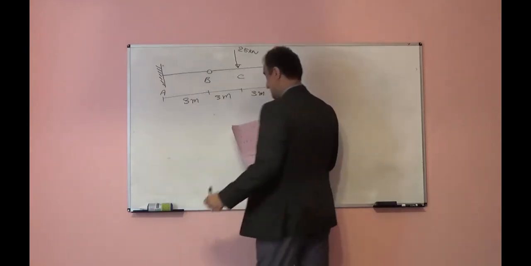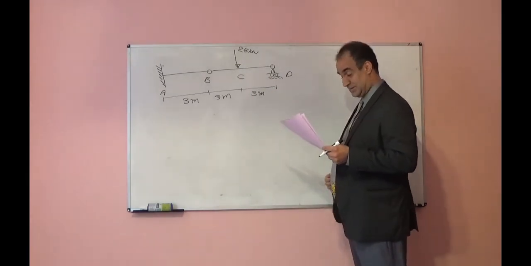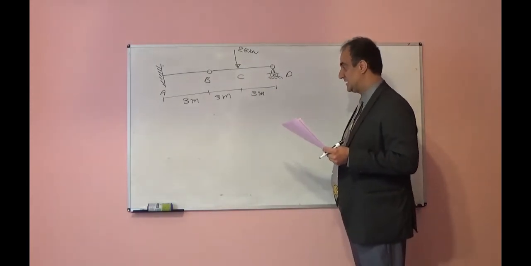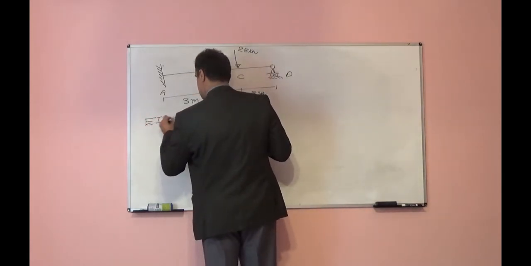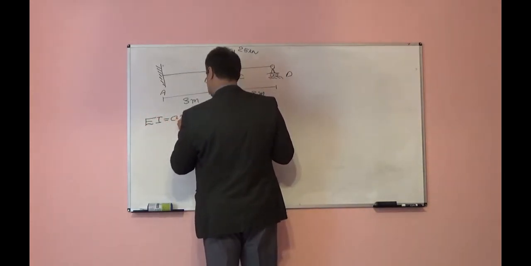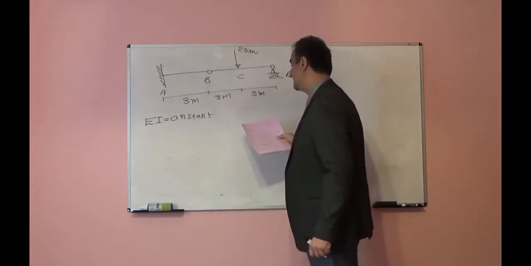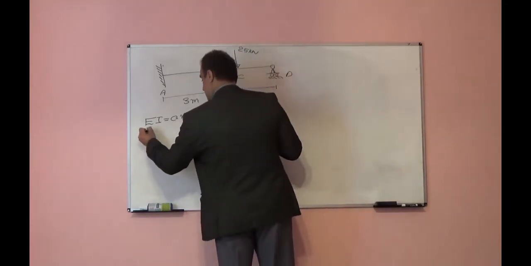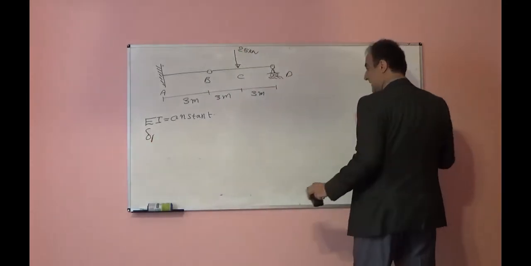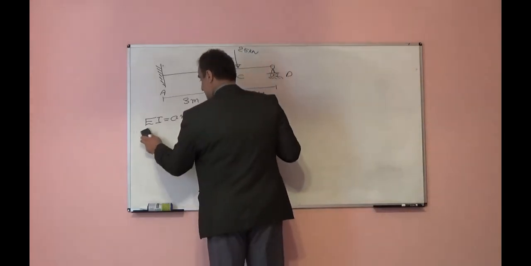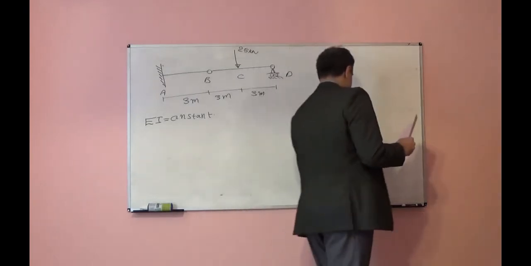Okay, we have this beam. This beam is subjected to a point load of 25 kilonewton at point C. EI is constant. We want to find the deflection at point C, and we want to find that using the conjugate beam method.